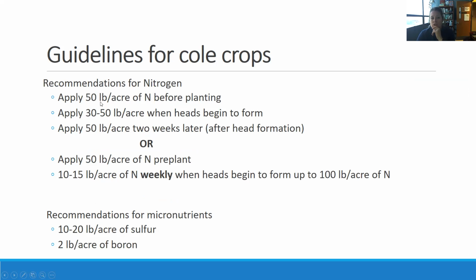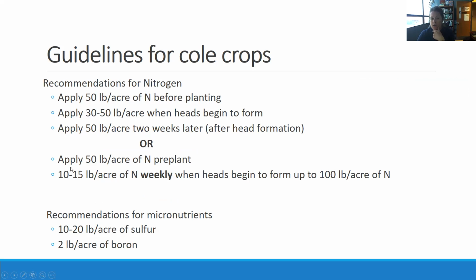So you can do 50 pounds per acre of N before planting, and then 30 to 50 pounds per acre when heads begin to form, like a side dress. Or apply 50 pounds and then apply 50 pounds per acre 2 weeks later after head formation.